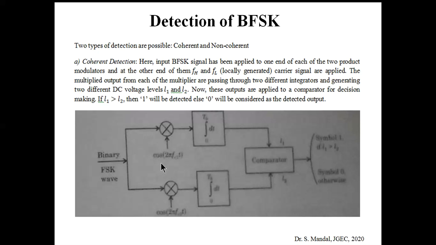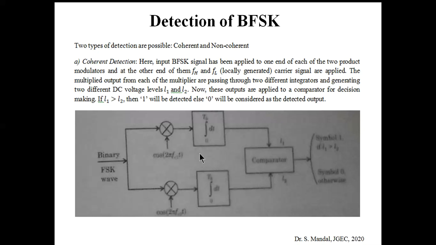That means for BFSK, the frequency deviation and the value of FC are all known to the receiver. Now this multiplied output is applied to the integrator, similar to the ASK.